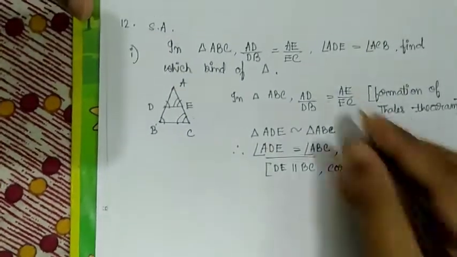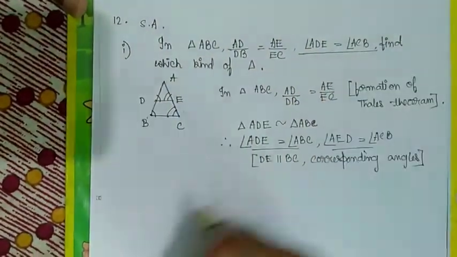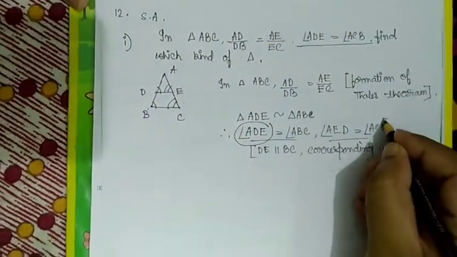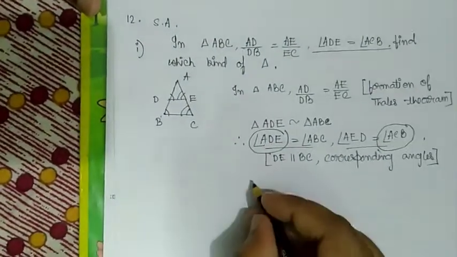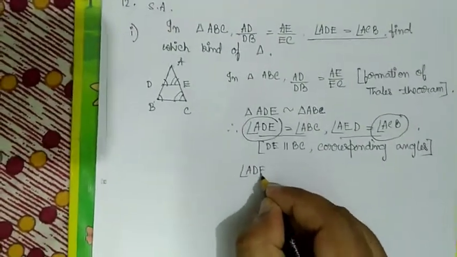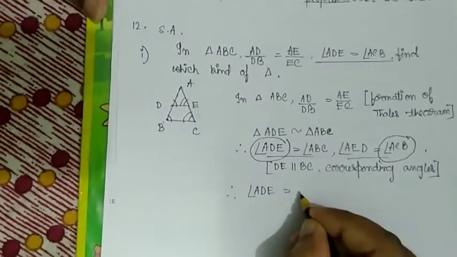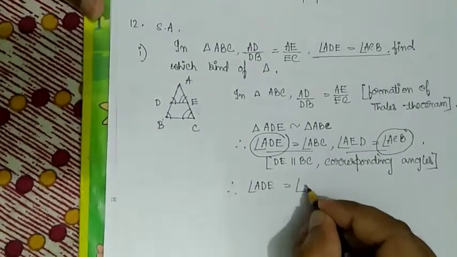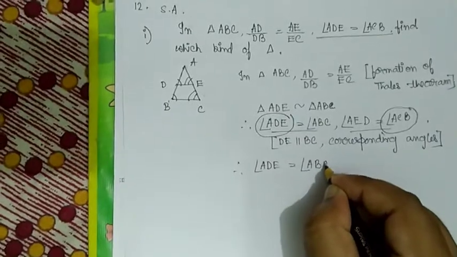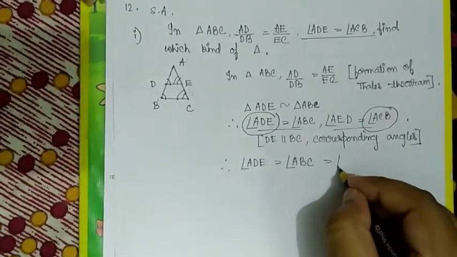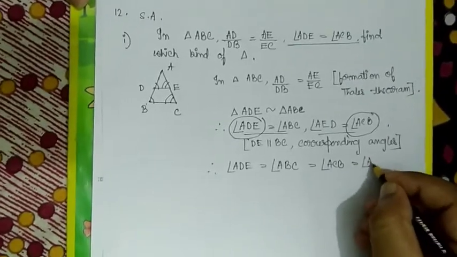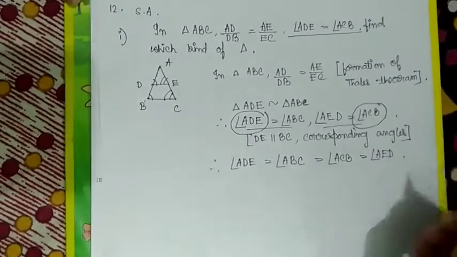Now here we know that angle ADE equal to angle ACB is given. It means this angle is equal to this angle. So we can say that angle ADE equal to angle ABC equal to angle ACB equal to angle AED. All the four angles are equal to each other.